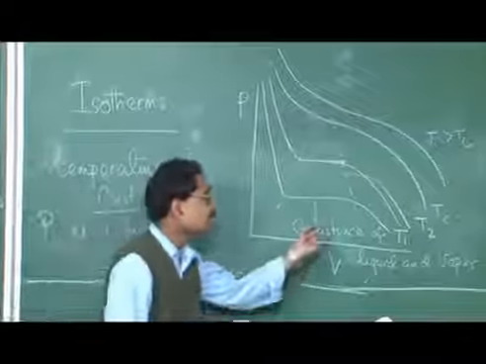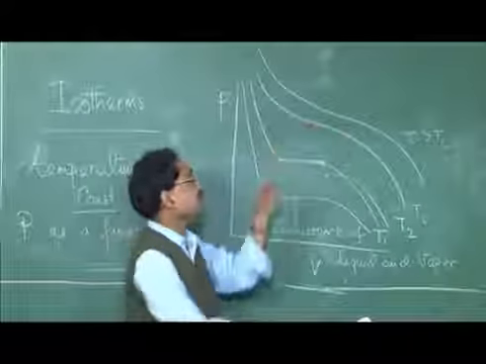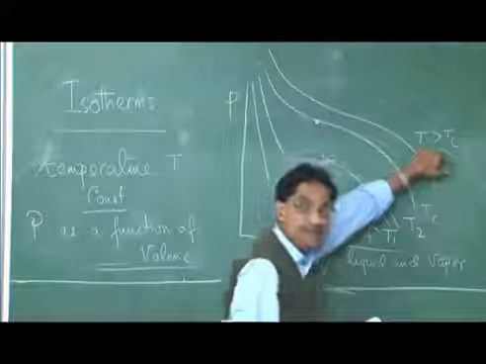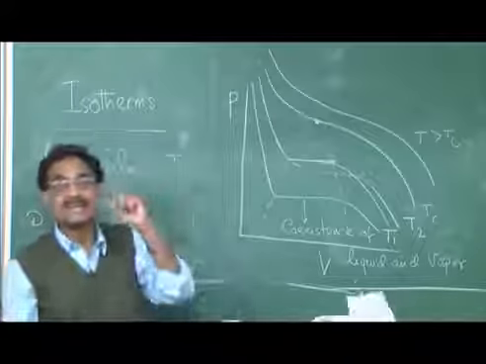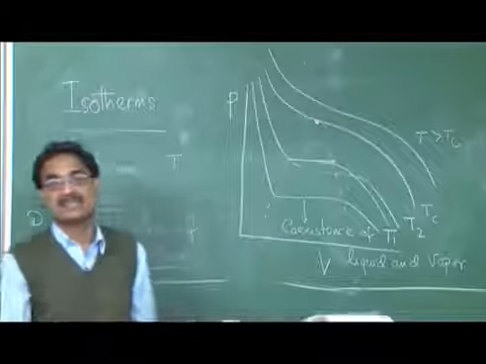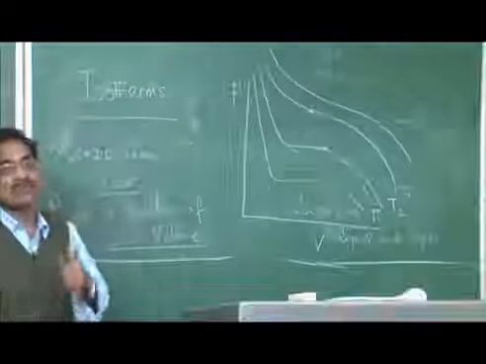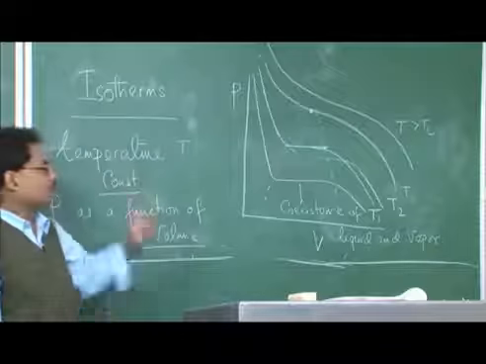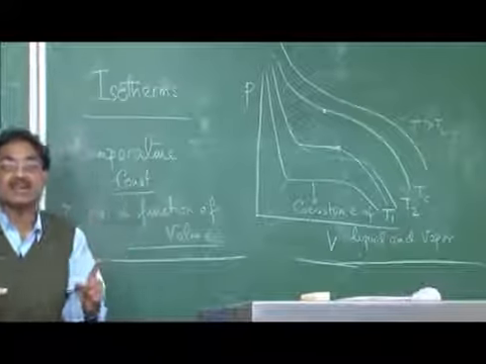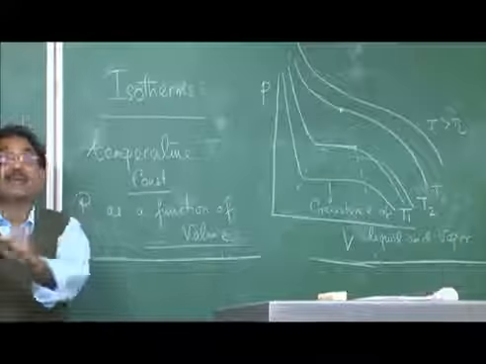But as you increase the temperature, this coexistence region shrinks to a point, and for temperature greater than the critical temperature, there is no such coexistence region. This is the first meaning of the critical temperature. So, if you change pressure, there is a coexistence region between liquid and gas, or rather liquid and vapor.